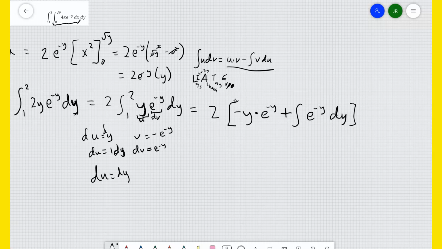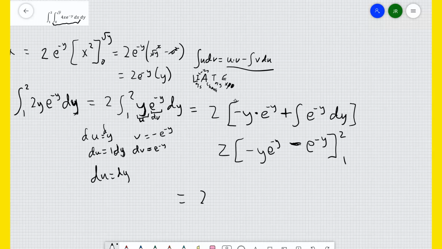Now, the integral of e to the negative y dy is negative e to the negative y. So now I've got 2 times negative y e to the negative y minus e to the negative y. And I'm evaluating this from what? From 1 to 2.